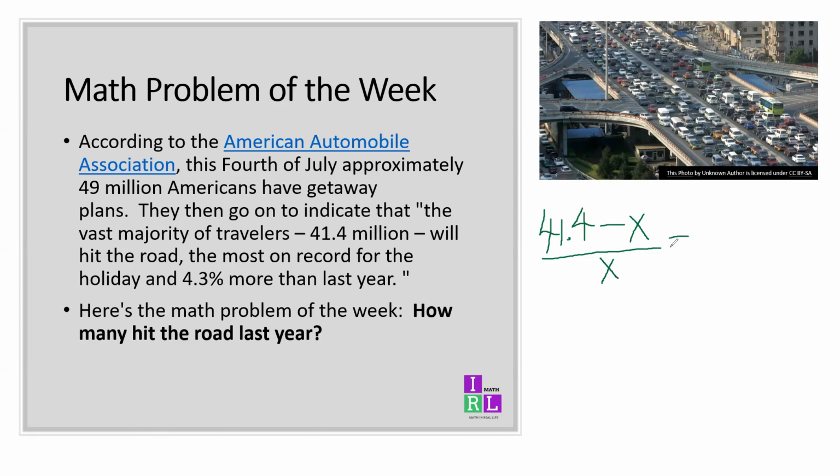And we know that all of that equals 4.3%, right? But we want to go ahead and change that percent to a decimal. So in order to do that, we're going to move it 2 spaces, 1, 2 to the left. So it's actually going to be 0.043. All right.